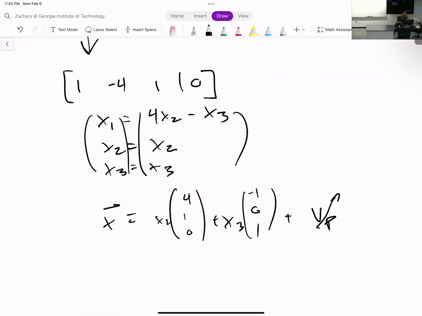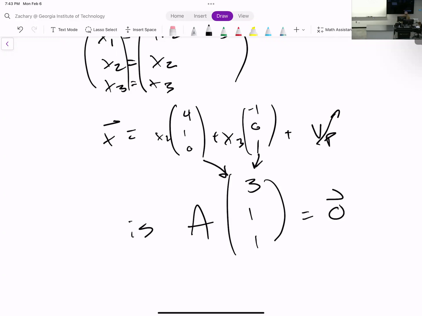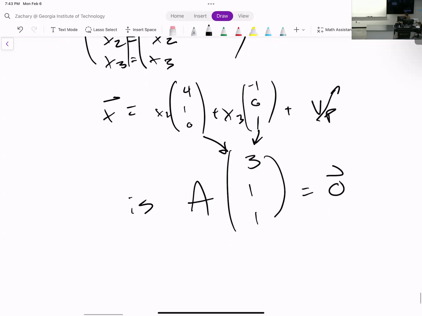This can be worded in a more complicated way. What it can say is A times (3, 1, 1) equal to the 0 vector. True or false? True. So this is just a combination where we pick these two to be 1 and 1. The way that you can tell if that is true is you can put (4, 1, 0), (negative 1, 0, 1) in a matrix augmented with the thing.